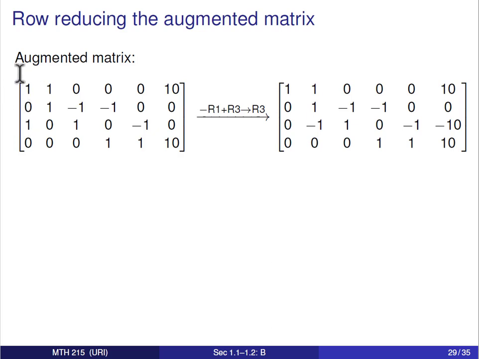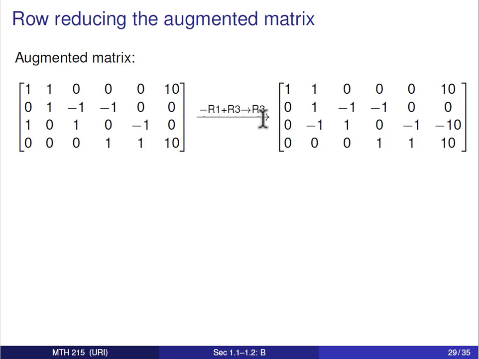So putting -1 through the first row, we'd get -1, -1, 0, 0, 0, -10, and adding those entries to the corresponding entries in row 3: -1 plus 1 gives us 0, -1 plus 0 gives us -1, -0 plus 1 gives us 1, -0 plus 0 is 0, -0 plus -1 is -1, and -10 plus 0 gives us -10. So our new row 3 is the old row 3 plus -1 times row 1.